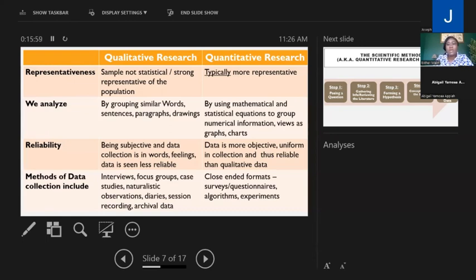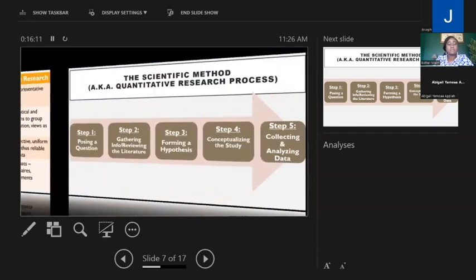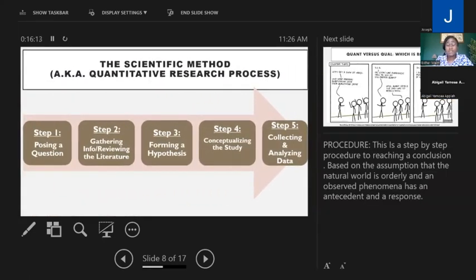Okay, now in doing research, and obviously if you want to ensure quality research and quality data collection, you want to be guided by the various methods or standards or processes that govern what you're doing. We do have what we'd call the scientific method.